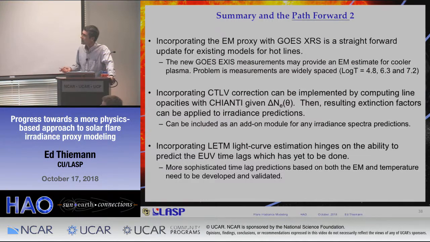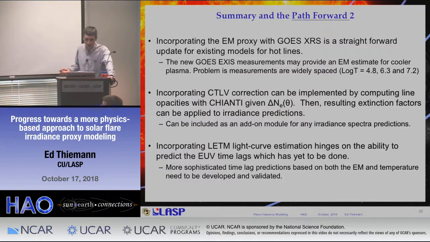But ideally, it would be good to have an emission measure for the cooler plasma, and we might have that with the GOES EXIS measurements. The issue is that the lines that EXIS are measuring are fairly widely spaced in formation temperature, and so there may not be enough overlap to get a good emission measure out of the EXIS measurements.